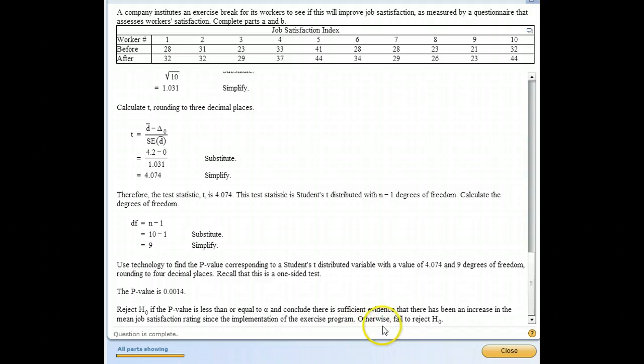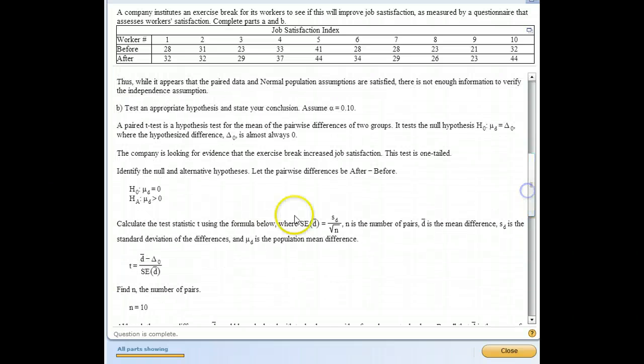So therefore we can reject H0, and if you recall, H0 is saying that the difference is 0, so we will accept the alternative hypothesis that the difference is greater than 0. So hooray to the person who came up with this idea. Statistically, we have shown that it has resulted in improved job satisfaction.